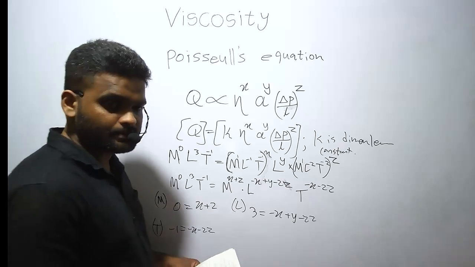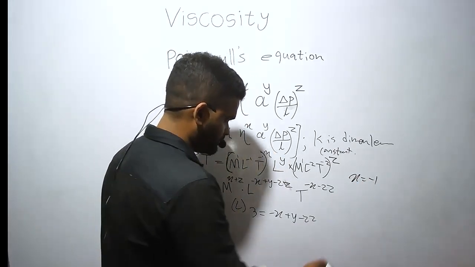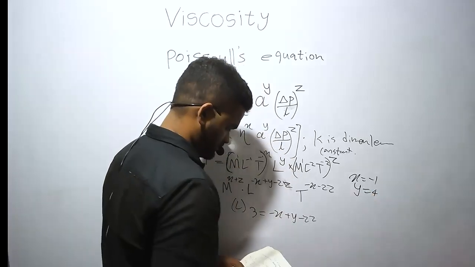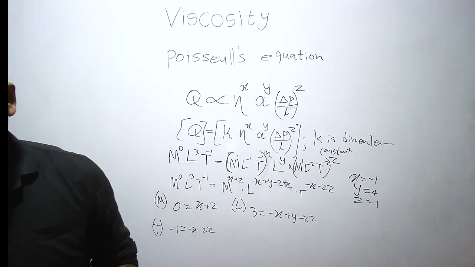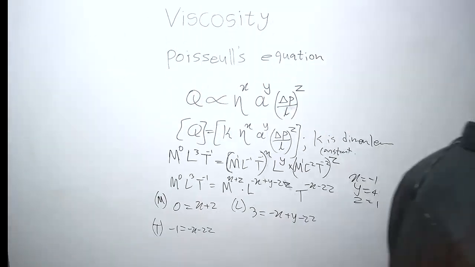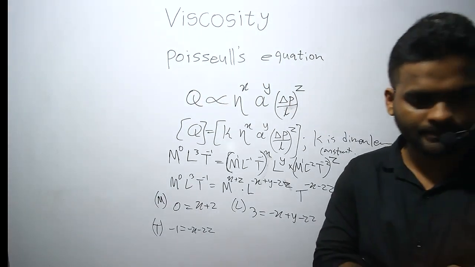So x is minus 1, right? y is 4. z is 1. Got that? Yeah. Okay, correct.